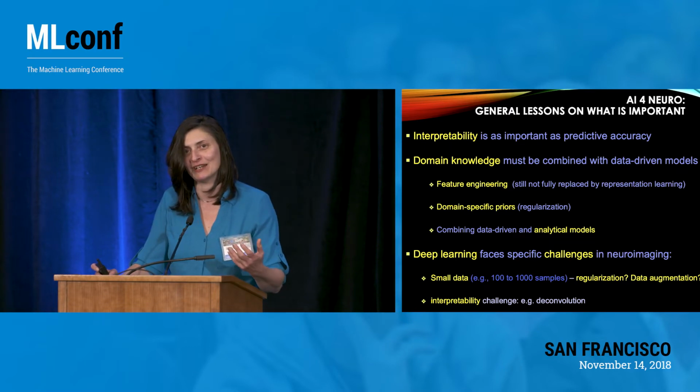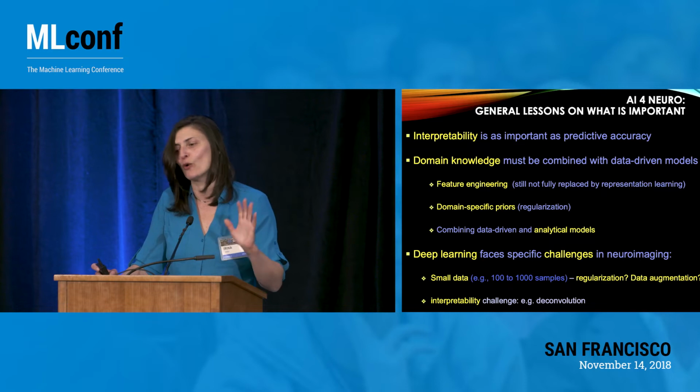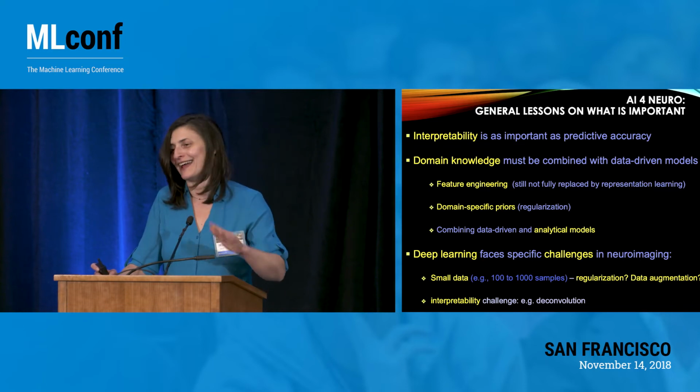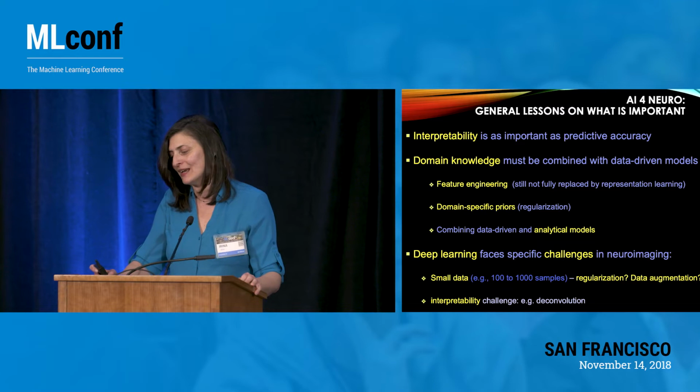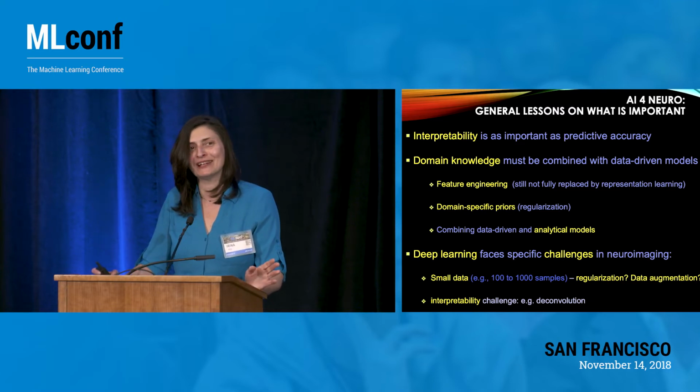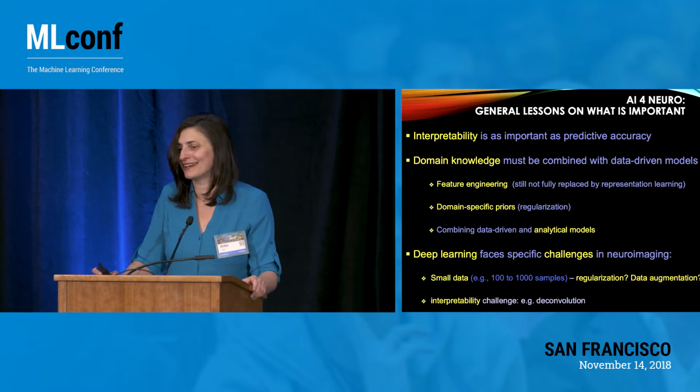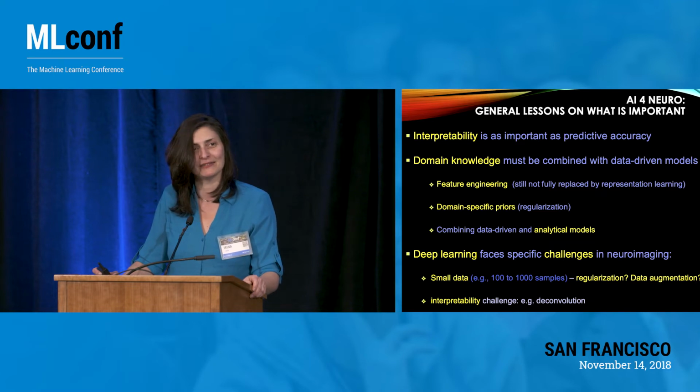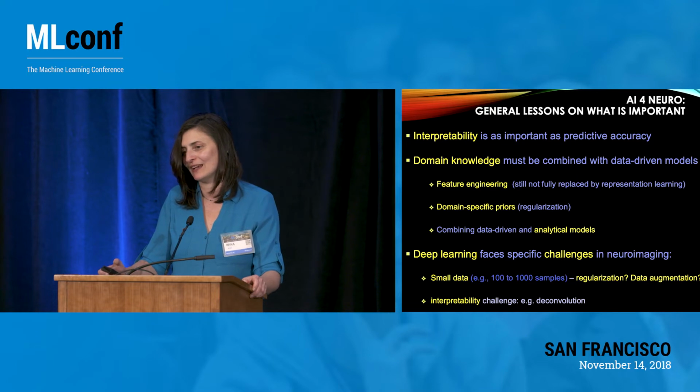What's the difference between, say, the so-called normal brain and the brain which has a disorder? Anyway, those are several lessons that we learned over the past years when trying to apply a variety of machine learning techniques in this domain.